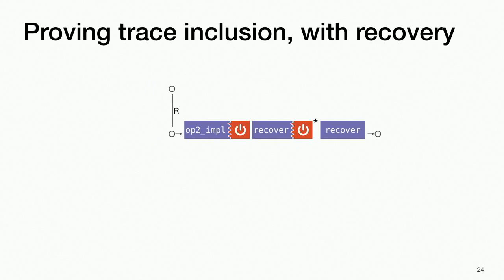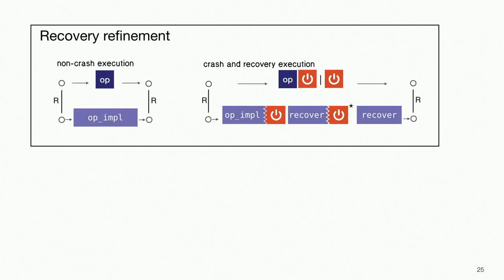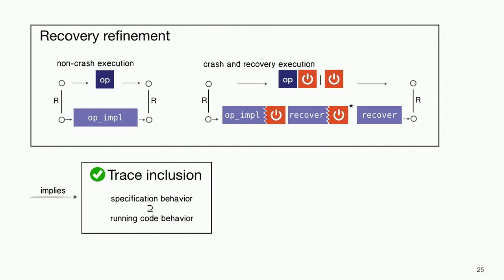What's the specification for a crash during op2? We said it's atomicity, so we simply use either all of op2 occurred and then the system crashed, or none of op2 ran and the system crashed. And that condition for all the operations is all we need for recovery refinement. So we still have normal execution correctness for non-crash execution, and then we also have this new condition that relates recovery to crashes. And proving this for every operation in the system is sufficient to prove this strong trace inclusion property for running arbitrary pieces of code against the top-level interface.